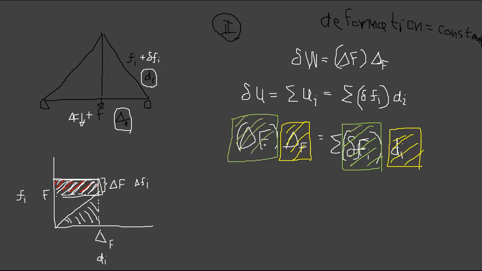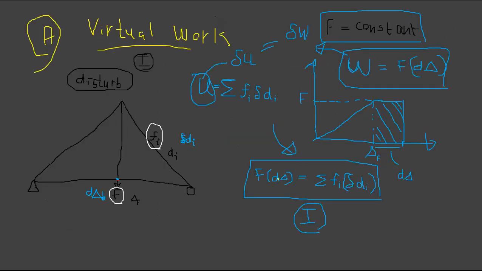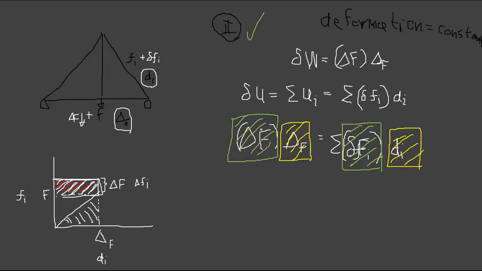So within these two methods, we usually use the second method, okay? That is easy, and you can go ahead. People really like things getting easy, right? So we can actually do this. We can make this delta F as unit load, right?